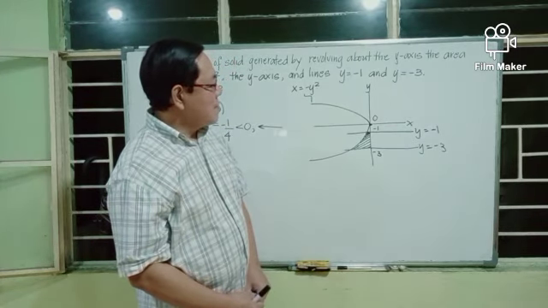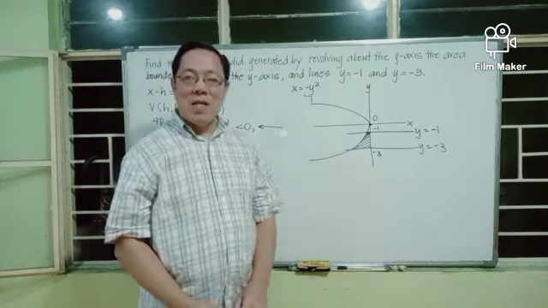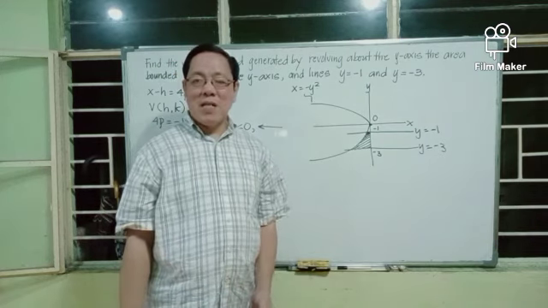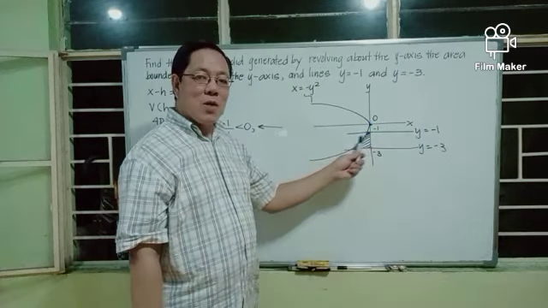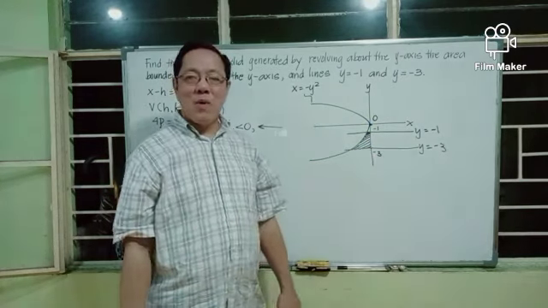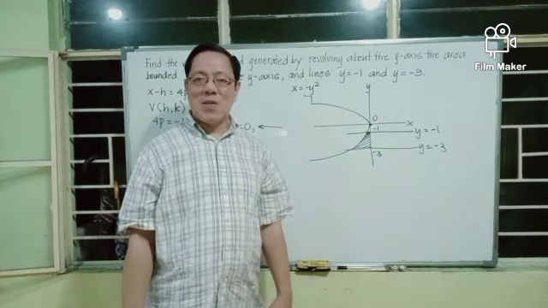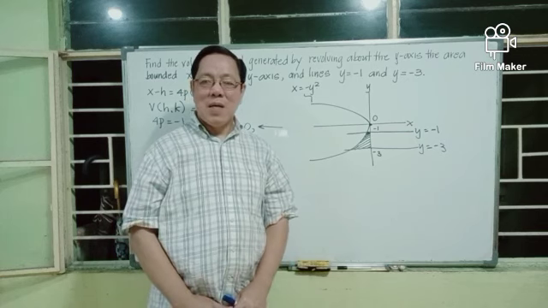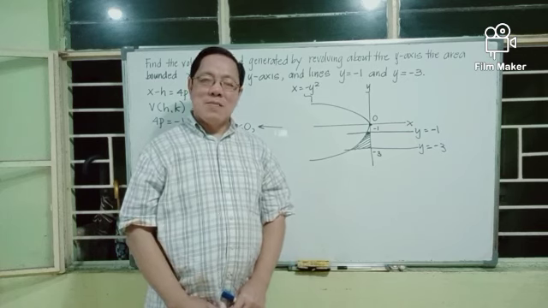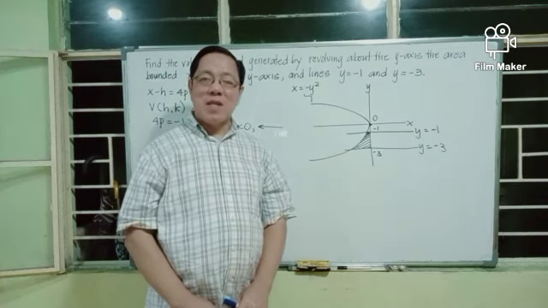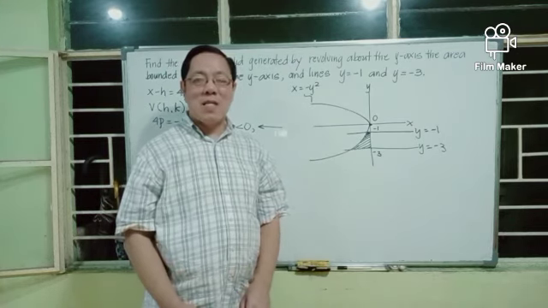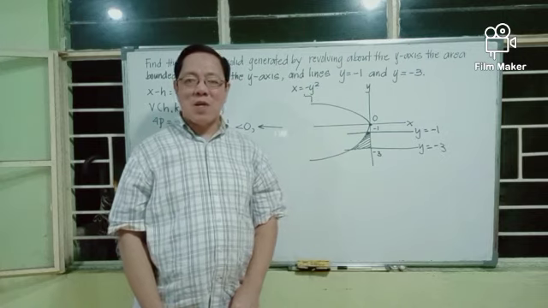And we will draw that solid by generating this shaded area about the y-axis, and we will find the volume of that solid by integration. But when we find that volume, we take a rectangular element that is perpendicular to the axis of revolution.